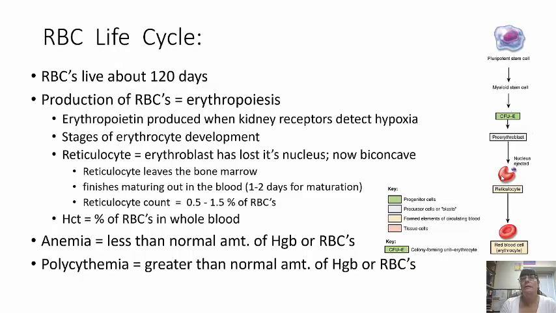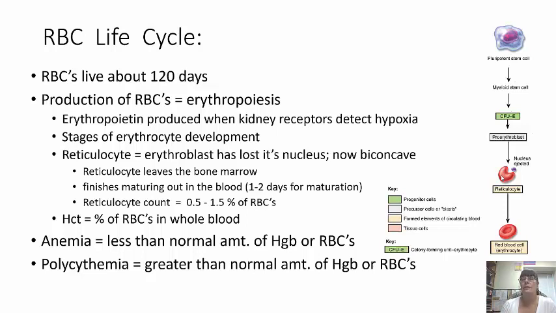So as I said, red blood cells live about 120 days. Production of red blood cells is called erythropoiesis. Erythropoietin is the hormone that's produced by the kidney receptors, and they will detect hypoxia. So if we don't have enough red blood cells in our blood, the receptors in the kidney pick it up. They release erythropoietin, and erythrocytes will start development.